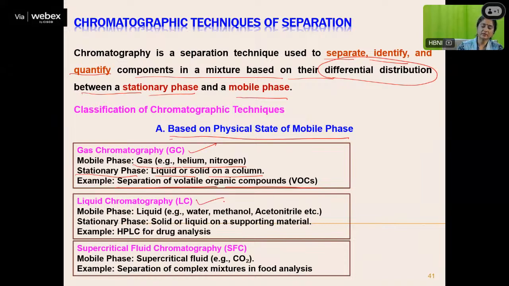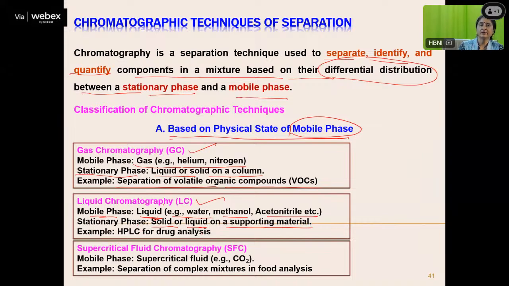Then there is liquid chromatography. The mobile phase here is liquid, as the name suggests, because all these classifications are based on the mobile phase's physical state. So liquid chromatography means definitely the mobile phase is a liquid, for example, water, methanol, acetonitrile, etc. Then there is a stationary phase, either solid or liquid on a supporting material.